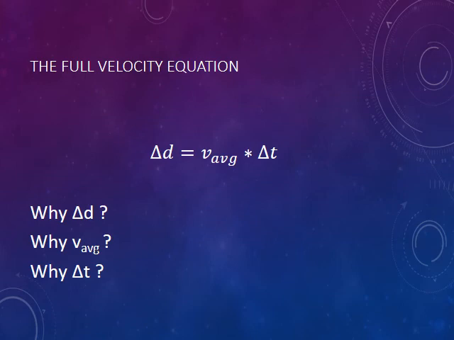So when you're working on problems in this class, it's really important to pay attention to the operators, the little symbols that we're attaching to our variable symbols, because they mean different things than just the letters alone. So you may need to calculate the delta D or delta T on your own when given a set of distance or time values. And this is simple because we're just looking for the change, but pay close attention to the notation.